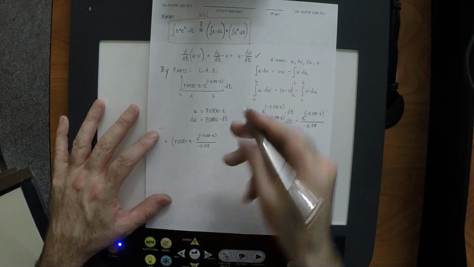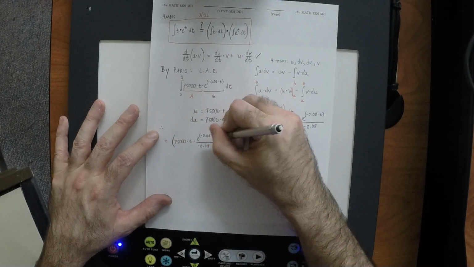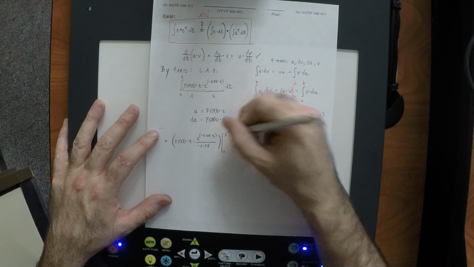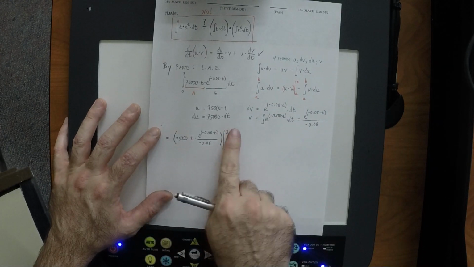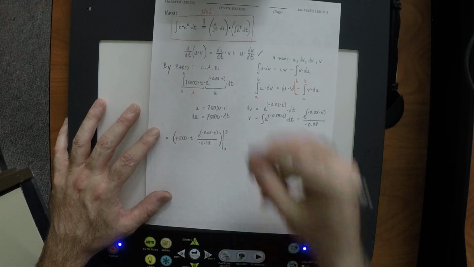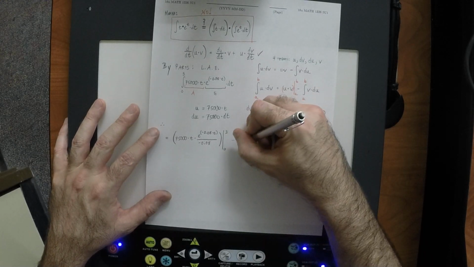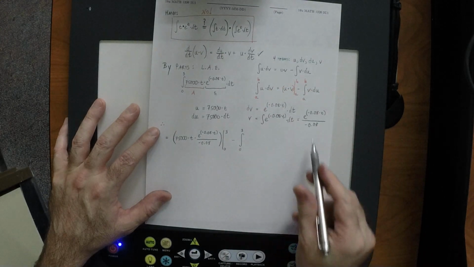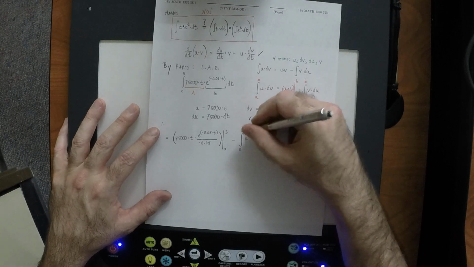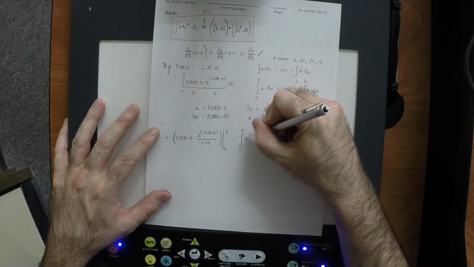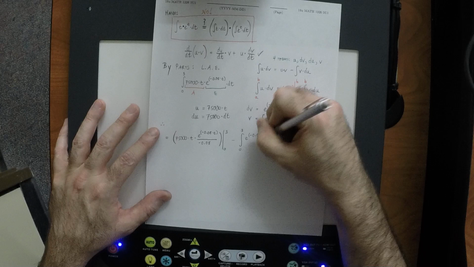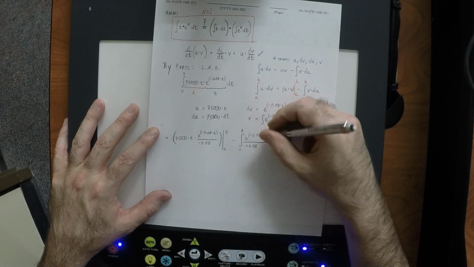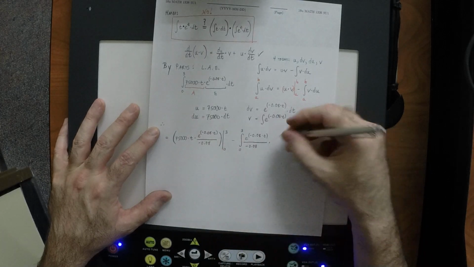So that's uv, and then the formula says we need to do the boundary evaluation on this, 0 to 3. So that's uv from 0 to 3, and then minus the integral from 0 to 3 of v du.